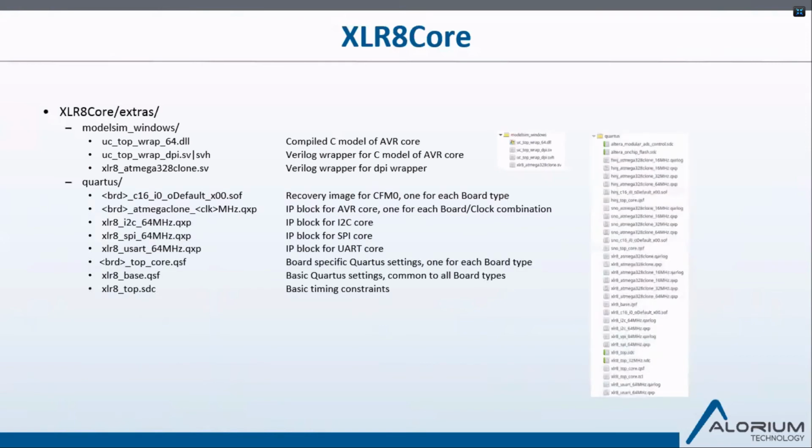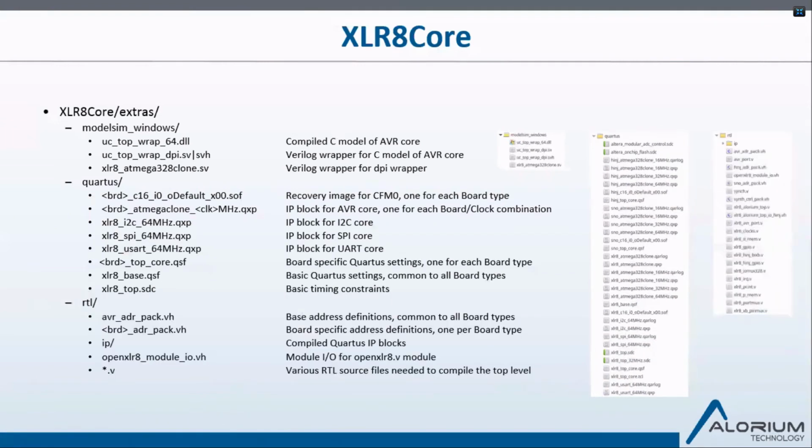We've got a Quartus directory where we'll find QXP files, which are precompiled IP blocks. We've got more Quartus settings files and synthesis files. And then in the RTL directory, we've got all the Verilog source code that's required to build the entire FPGA image.